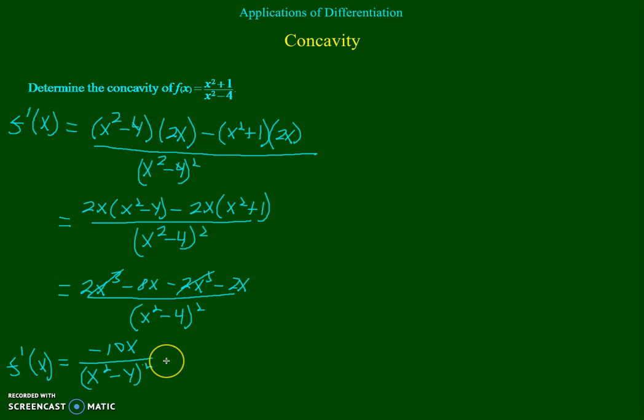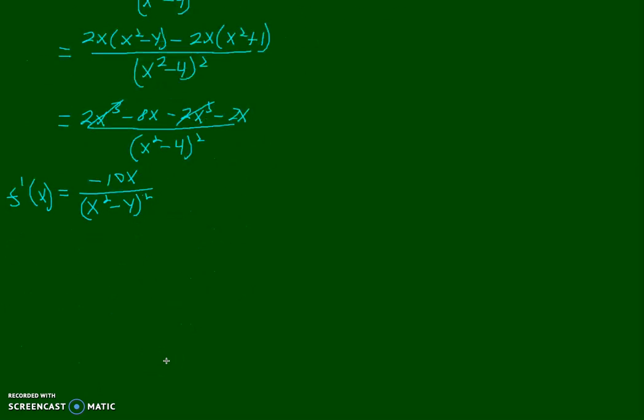Okay. Now let's give ourselves some room, and we're going to have to take the derivative of this. So I'm going to pull out that 10. So f double prime is negative 10 times low, which is x squared minus 4 squared.